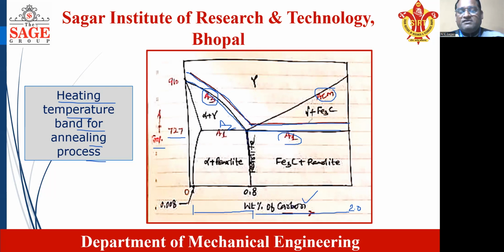And for hypoeutectoid steel, it is around 50 degrees Celsius above the A3 curve. This is known as the heating temperature band for the annealing process.